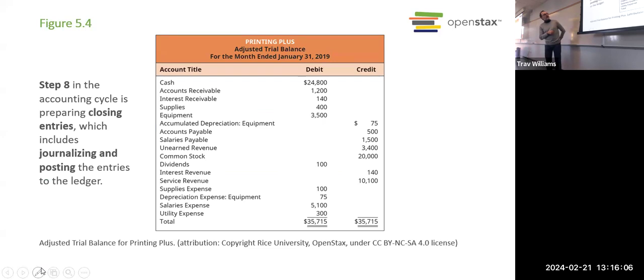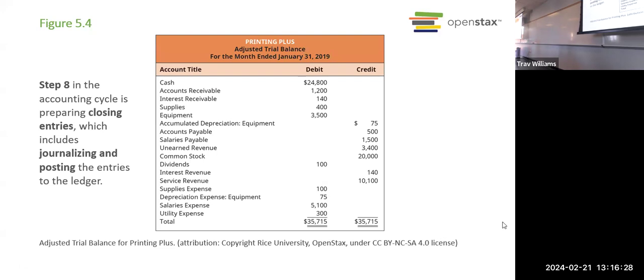So here we see a trial balance. We know step 8 is closing out those temporary accounts. The way we do that is with journal entries. And then, of course, every journal entry has to get copied over to the ledger.